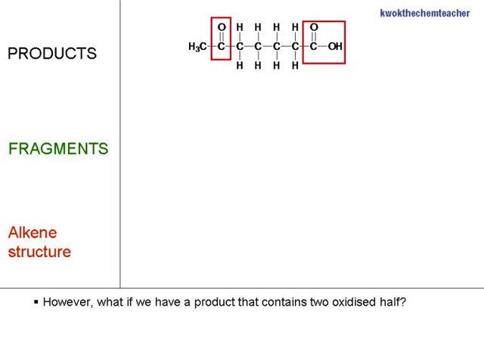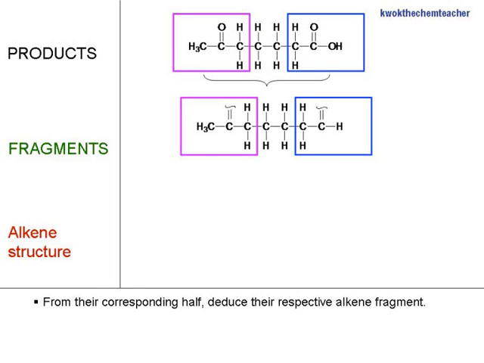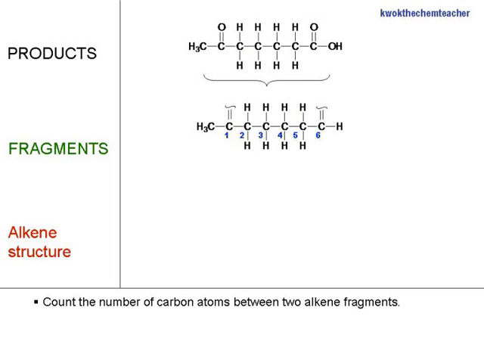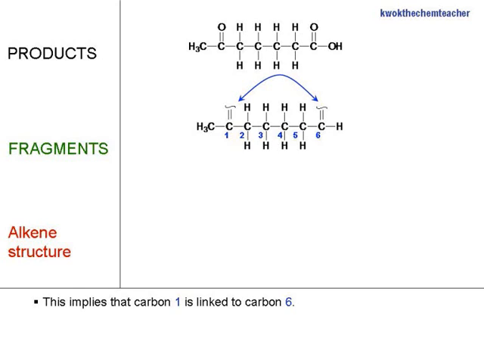However, what if we have a product that contains two oxidized halves? From their corresponding halves, deduce their respective alkene fragments. Count the number of carbon atoms between the two alkene fragments. This implies that carbon 1 is linked to carbon 6.